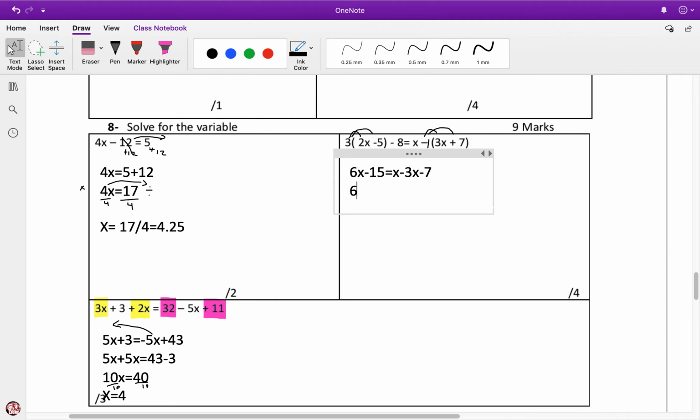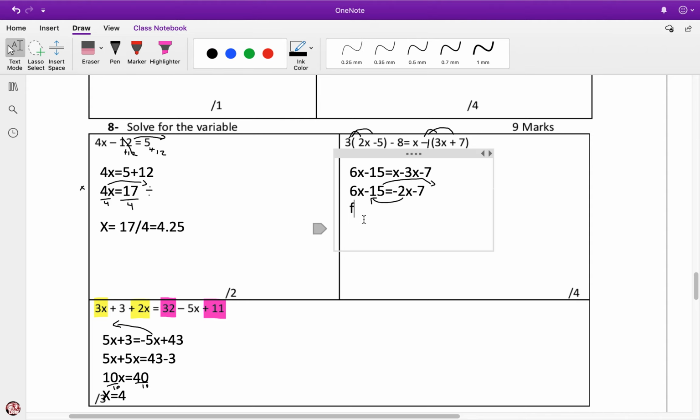Now I'm going to combine like terms on the right-hand side, just to make it a little simpler, so it's negative 2x minus 7. Then let's rearrange. So I'm going to bring this over to this side. I'm going to bring this over to this side.